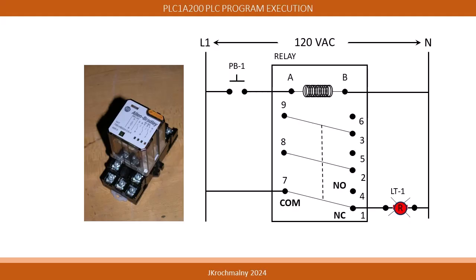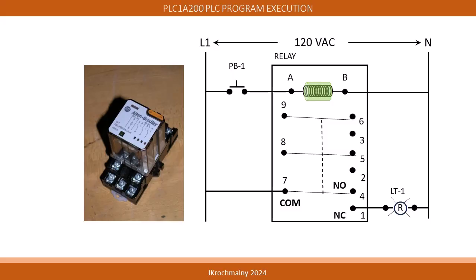If PB1 is not pushed, notice that the relay coil between terminals A and B is not energized, and it has not become electromagnetized. In this state, notice that 120 volts is present on relay terminal number 7 and sends its current toward relay terminal number 1, a normally closed set of contacts, and causes the red light to illuminate.